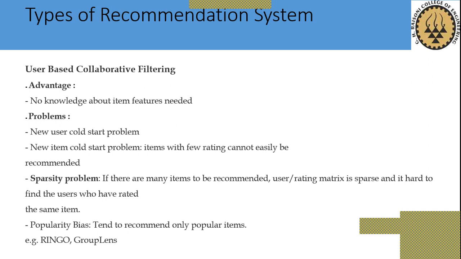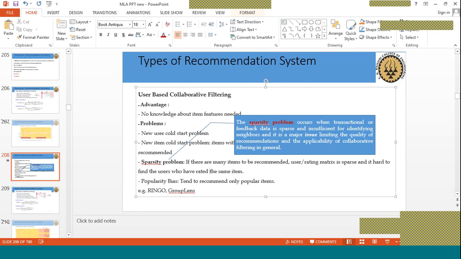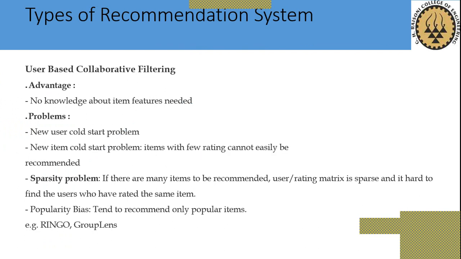If there are many items to be recommended, the user matrix is sparse and it's hard to find the users who have rated the same item. There are many items to be recommended to the user, the user matrix is sparse, and it's hard to find users who have rated the same item.